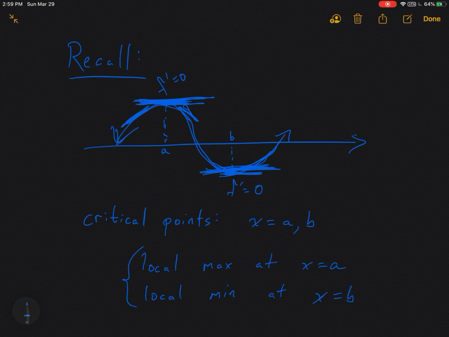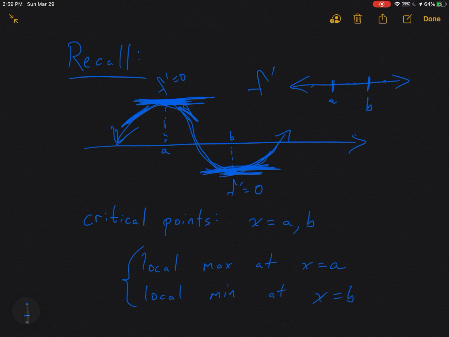And we could identify whether those critical points were local maxes or local mins by making a sign chart for f prime. I'll just quickly remind you what that looks like. We made a little number line, and we wrote down all of our critical points on that number line. Then we also noted what the derivative sign was on each of these subintervals.